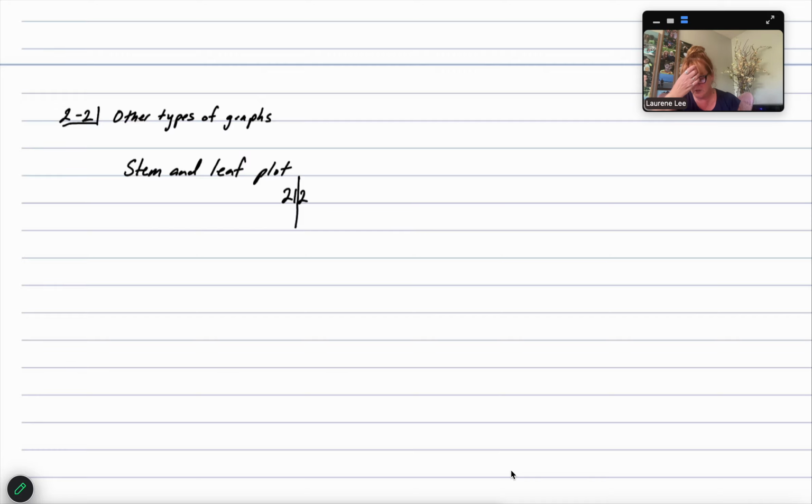Or if you have a 2-digit number like 32, it splits right in the middle. Or if you have 4,128, it's going to split right here. And that line goes through all your numbers, and you group them by the tens, hundreds, and thousands on the other side.